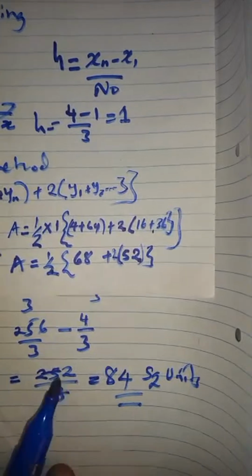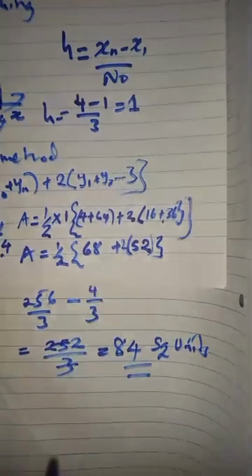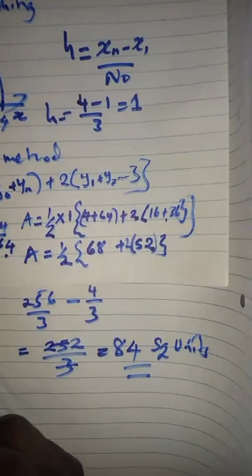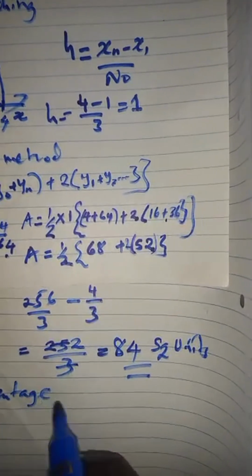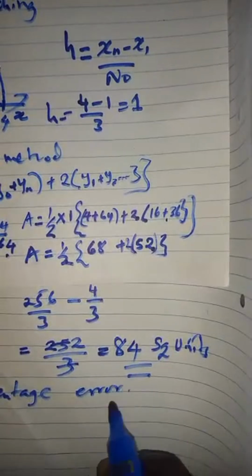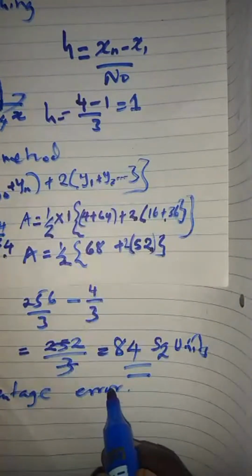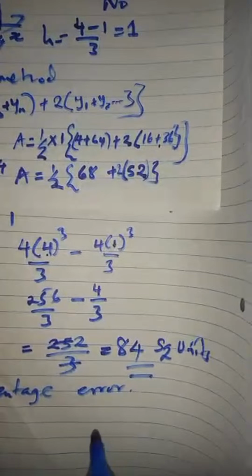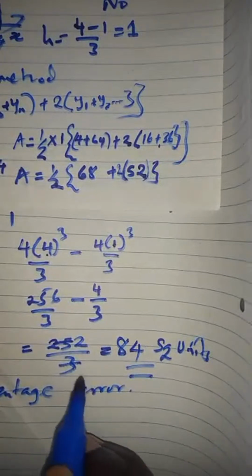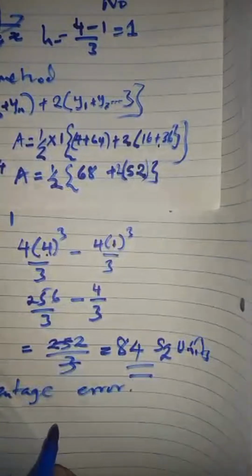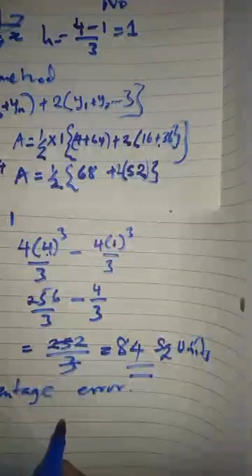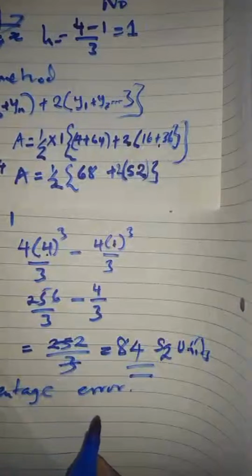Well, you can be asked now to find what is the percentage error when doing these calculations. Remember, we have the actual value. Integration always gives us the actual value, and the trapezoidal rule gives us an approximate value.